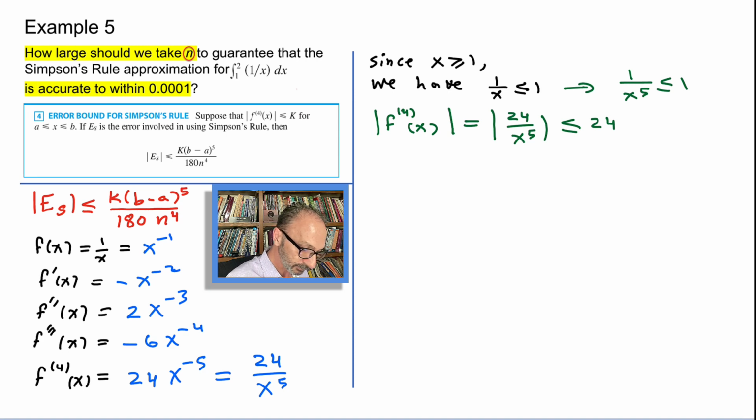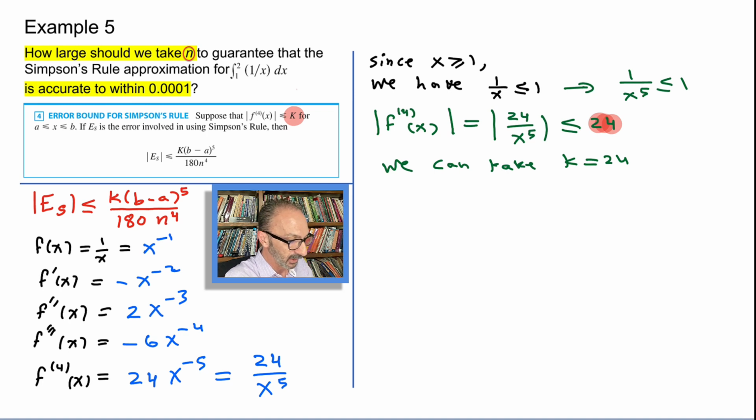Next, with that in mind, we can go back and think about the following. We can take k to be 24.